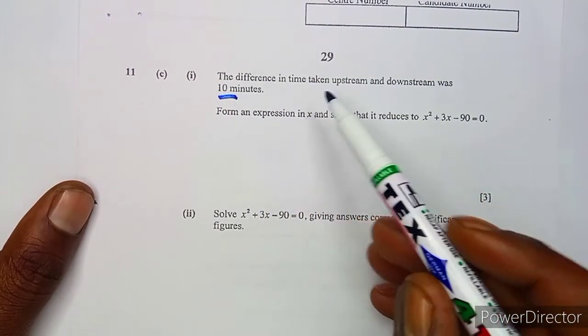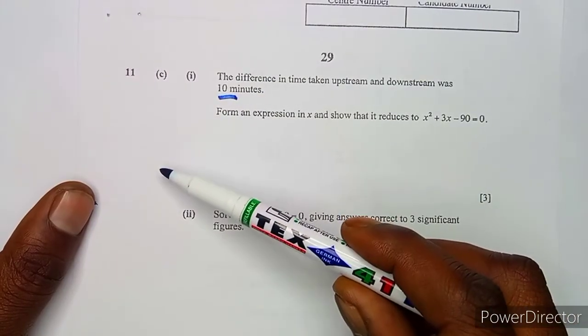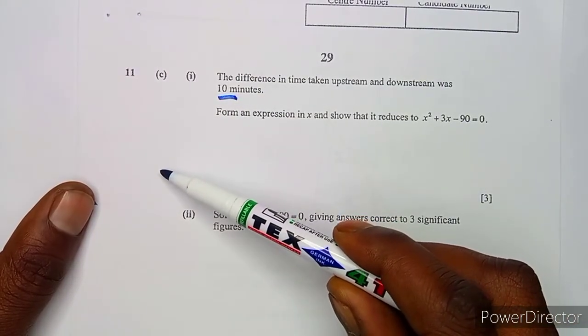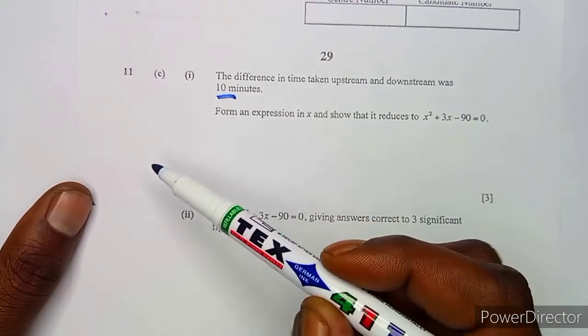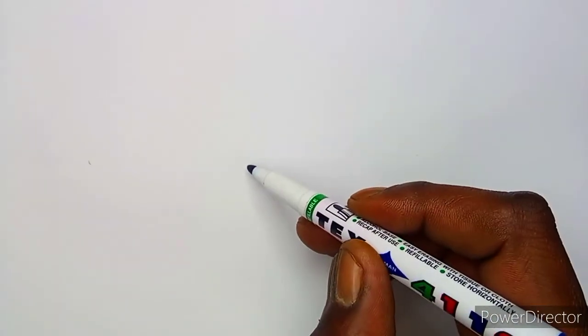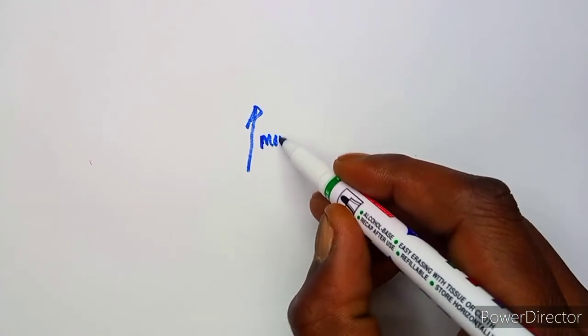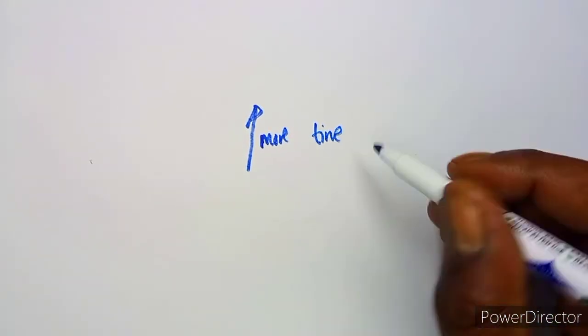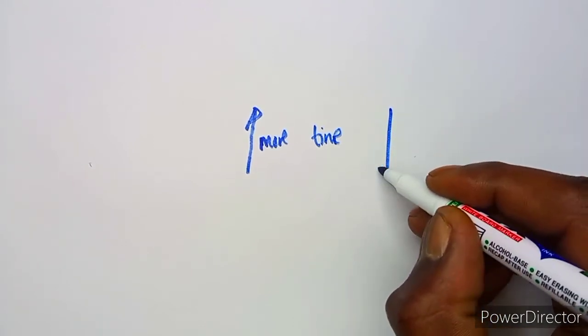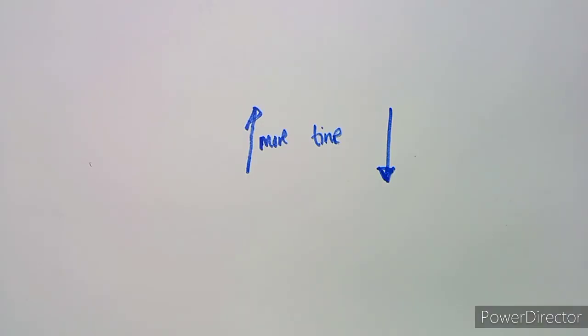Okay, so we are given the difference between the times. Definitely when this boat is going upstream, it is going to take more time than the one taken going downstream, because going downstream we had more speed.